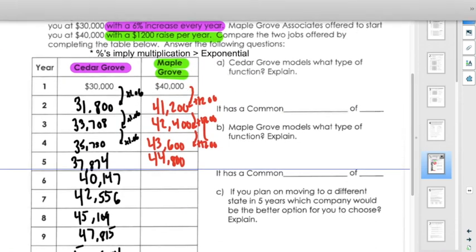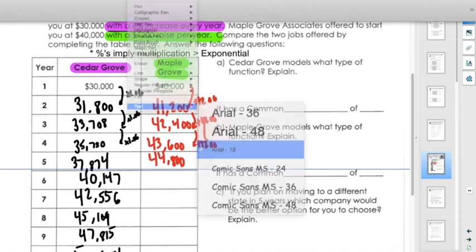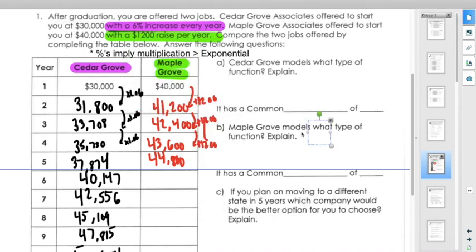So, part A, Cedar Grove models what type of function? Well, hopefully we see it is exponential. Why is it exponential? Explain.